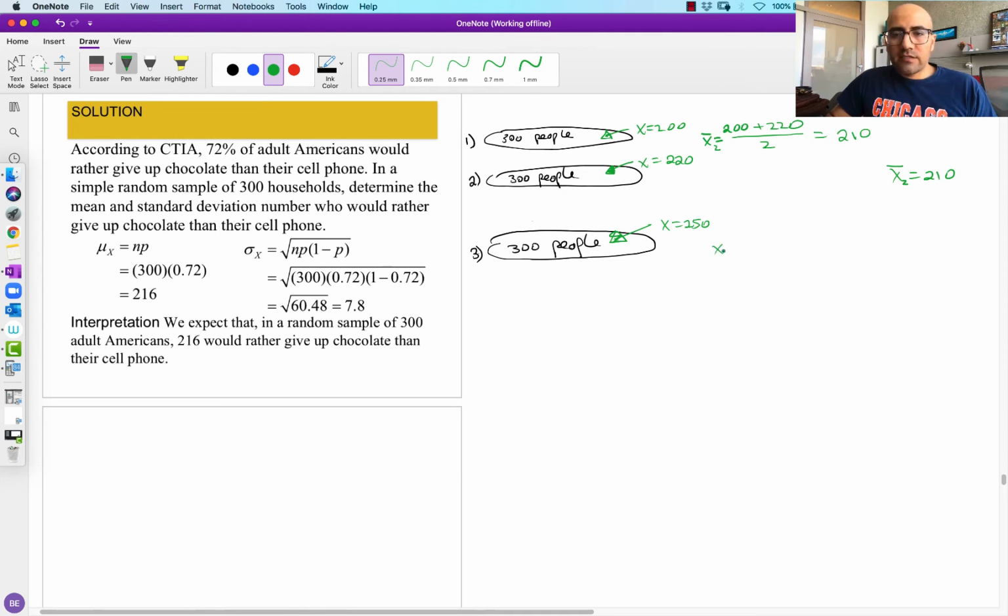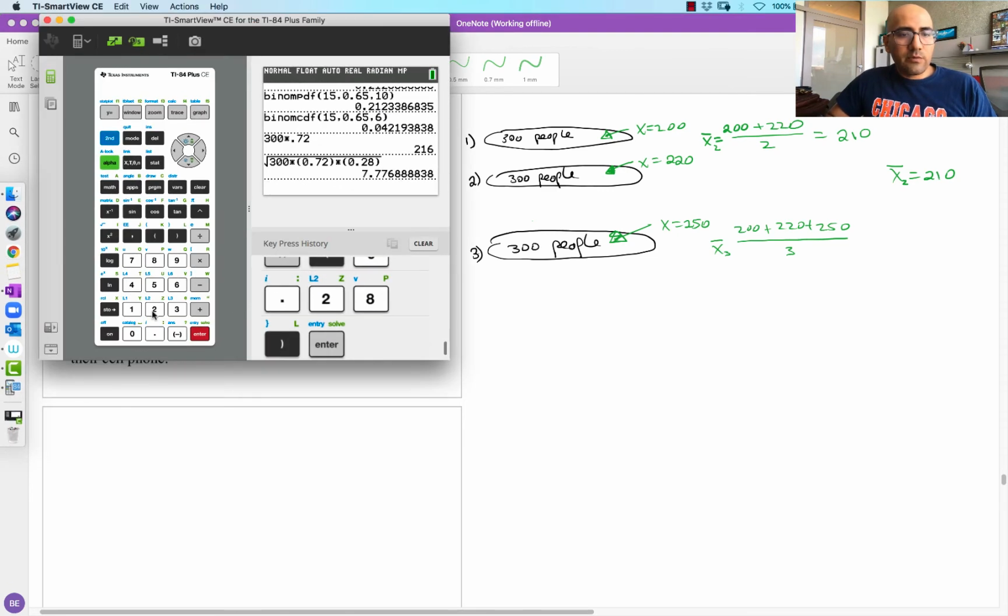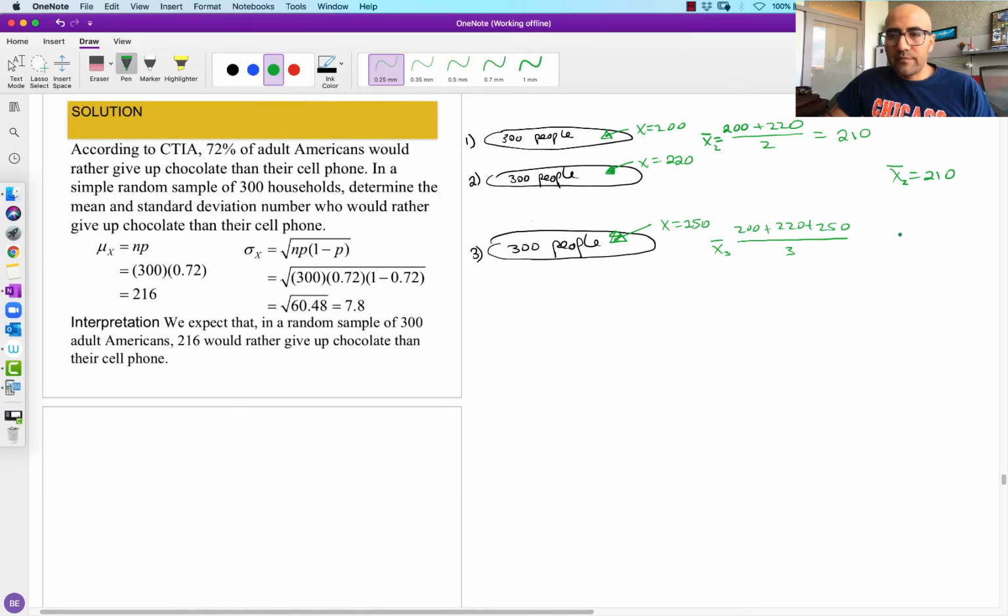So now x bar with 3 groups would be equal to 200 plus 220 plus 250 divided by 3. Okay, so let's use our calculator now. That would be 200 plus 220 plus 250, which equals 670, and divide that by 3. You get approximately 223. So the mean, including 3 groups, is 223.3. Okay, and then we keep going.